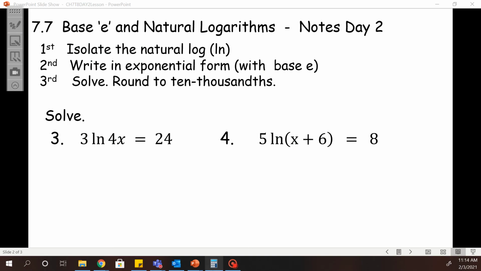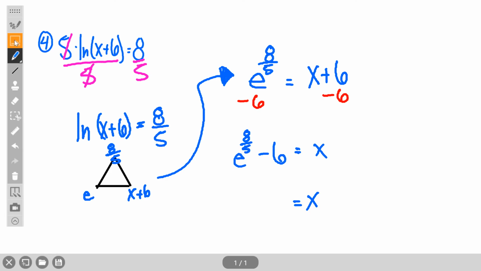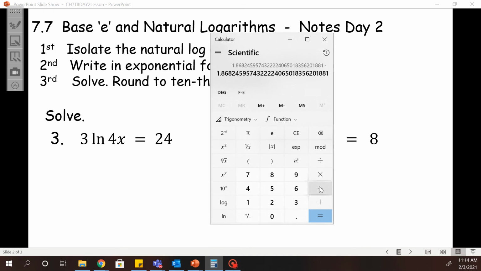I can put this in a calculator and figure out the exact value. So e to the 5/8. So e raised to the 5/8 power, and then minus 6.